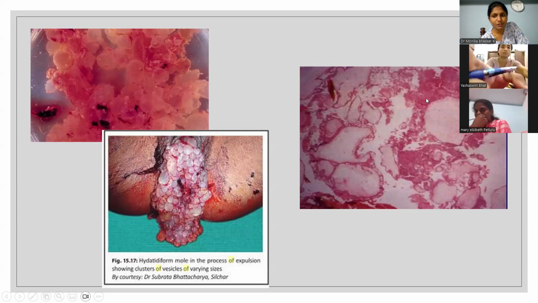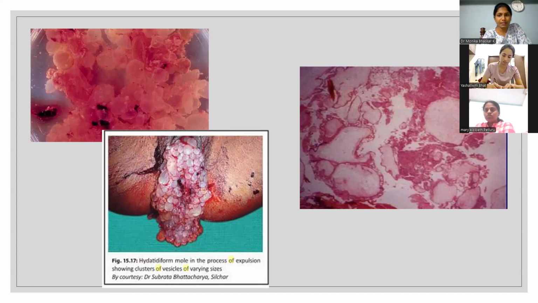And this is the histopathological examination finding. So there is complete proliferation of the trophoblastic tissue, and it is not focal, it is a diffuse proliferation of the trophoblastic tissue. And you have to remember that there is only placental tissue or only trophoblastic tissue.